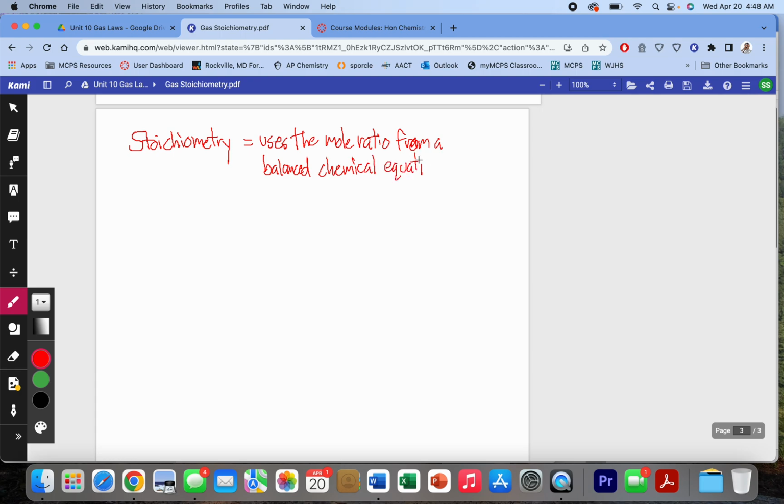We're talking about those things where we use the chemical equation and try to take information about one substance and then convert it into information about the other. The difference in this case is that we're going to be doing this with gases.